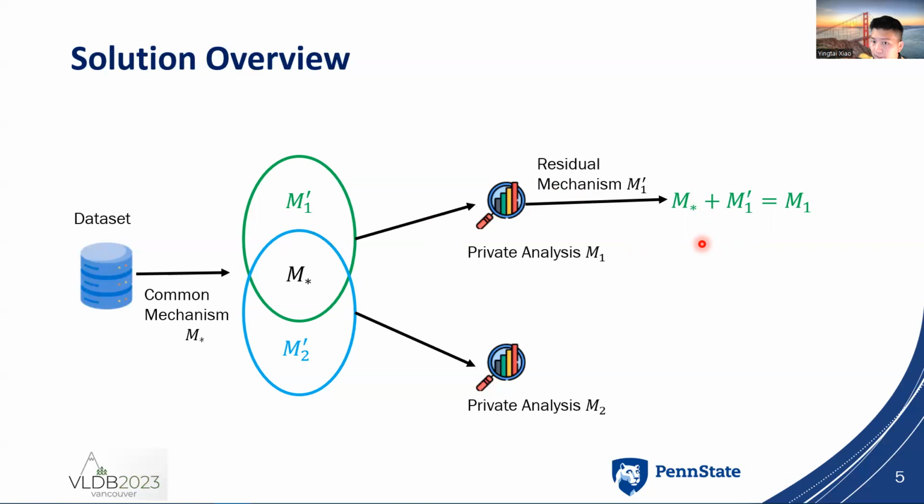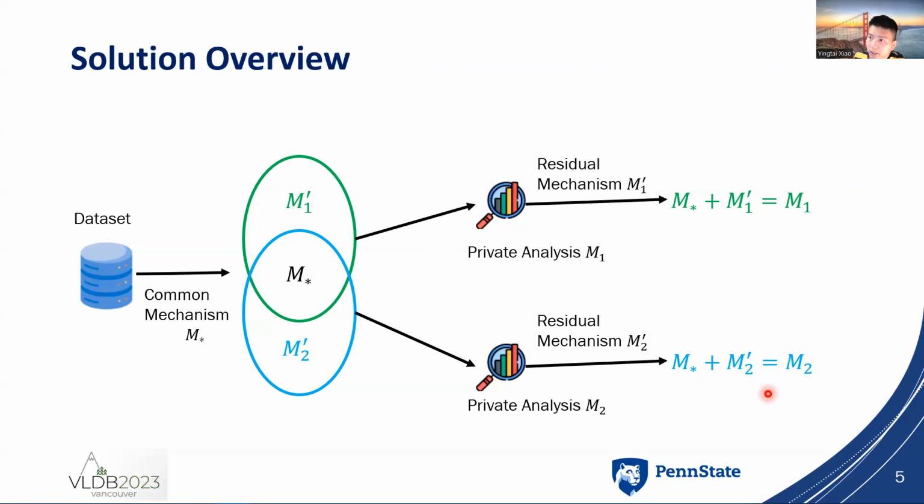So in this case, we don't waste the privacy budget for selection, because M star can be reused to reconstruct the original mechanism M1. Similarly, if we decide to answer mechanism 2, we can get M star first and combine it with mechanism 2 prime to reconstruct mechanism 2.